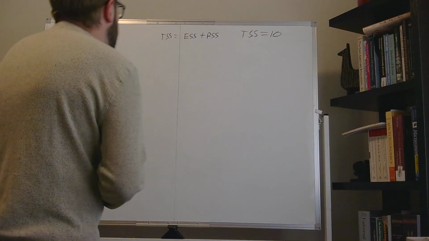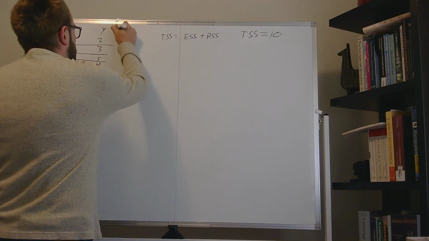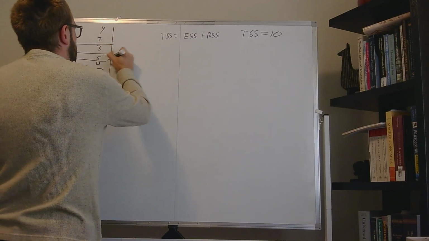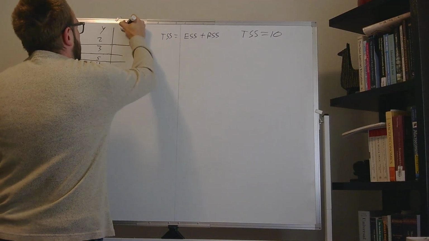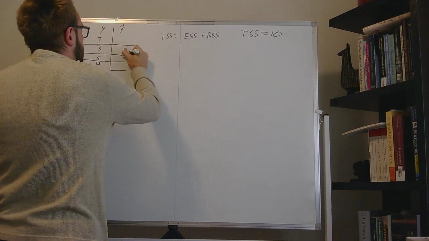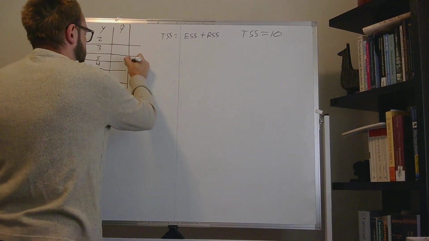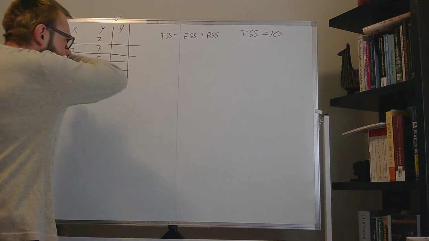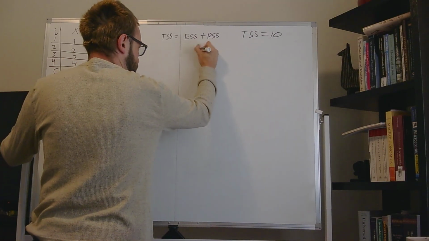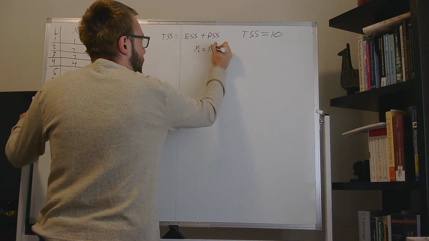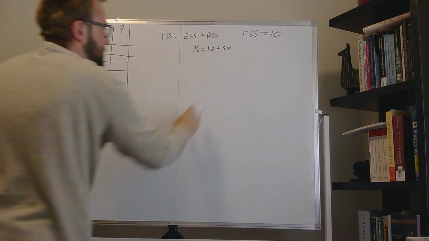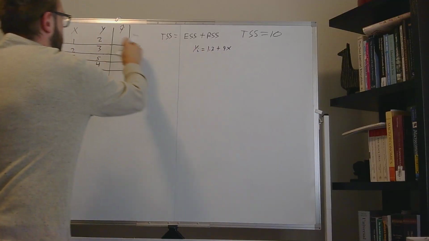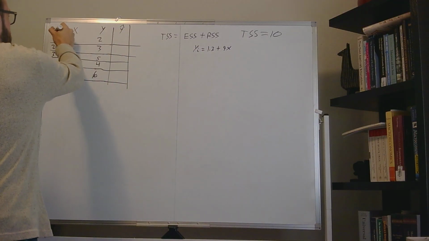So we get this set, which we can simply call y hat. These predicted values take our formula, yi equals 1.3 plus 0.9x, and plug in the x's to get these values here.